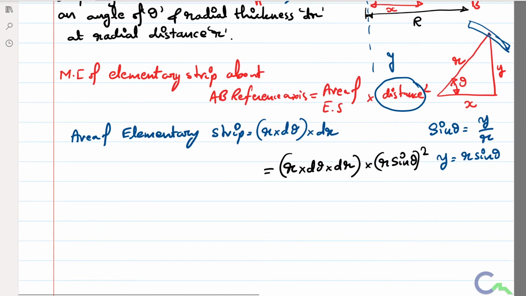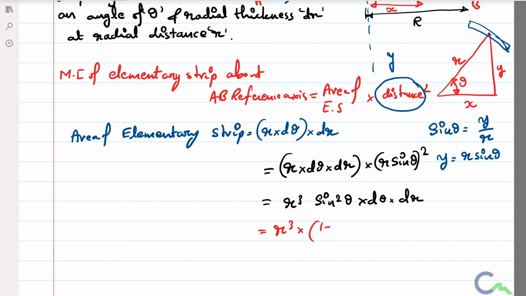If I simplify this, I will get r cube sine square theta into d theta into dr. So I can write sine square theta is equal to 1 minus cos 2 theta divided by 2. I will replace that, that is r cube into 1 minus cos 2 theta divided by 2 into d theta into dr.